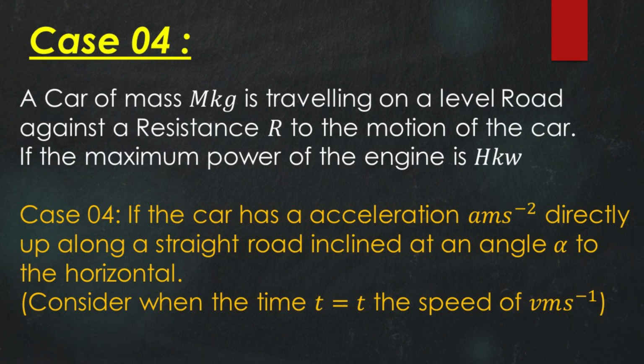Sorry, case number 4. If the car has the acceleration of a directly up along a straight road inclined at angle alpha to the horizontal. So assume again at some instant t, the velocity is v and the acceleration is a.